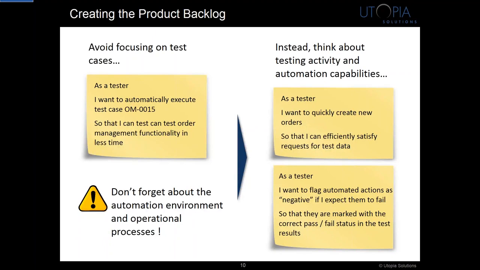So from the onset we had a challenge to change their view, to think about testing activities, so the application functionality and verification actions that will be automated. And then we certainly use those test cases to determine what activities and verifications we need to look at, but we automated them and created them as reusable assets that we could use to put all our test cases together that were eventually automated.